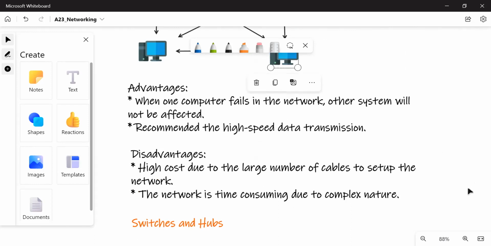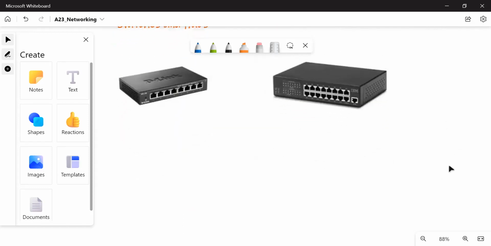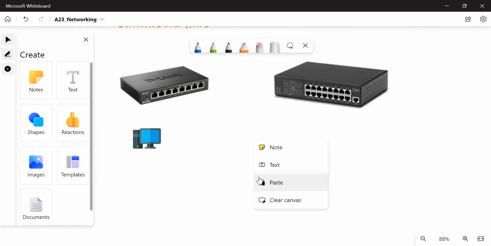Now let me show you how it might happen. Let's say in a hub, we have 4 computers, and let's say I want to send information from one computer to another computer, right?